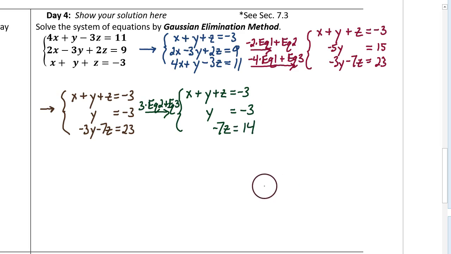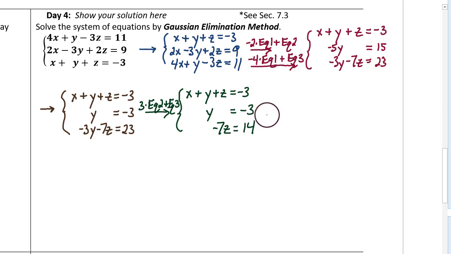At this point, we're essentially done with Gaussian elimination, because we've created this triangular arrangement coming down like this, where the first equation has all 3 variables. The second equation would have 2 variables, except that the z was eliminated along the way, and the third equation has only the variable z.